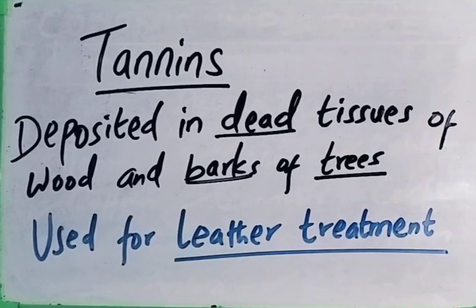Remember, leather can be used to manufacture so many things, including shoes, so many leather products. So this excretory product is used in conversion of animal protein that is easily broken down to a complex and tough product that we call leather. So tannins are used for leather treatment.